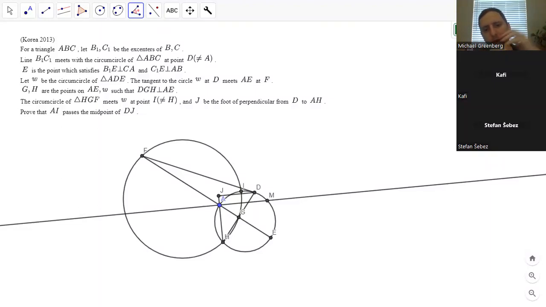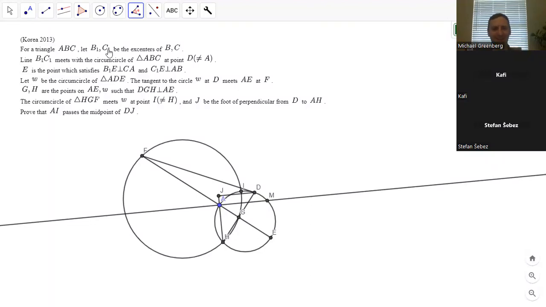Why is FIH 90? Because FIH is FGH. And so that solves it because it shows that HIDM is harmonic, and then we project through A onto JD, and that solves it. This is the most dumb problem ever.